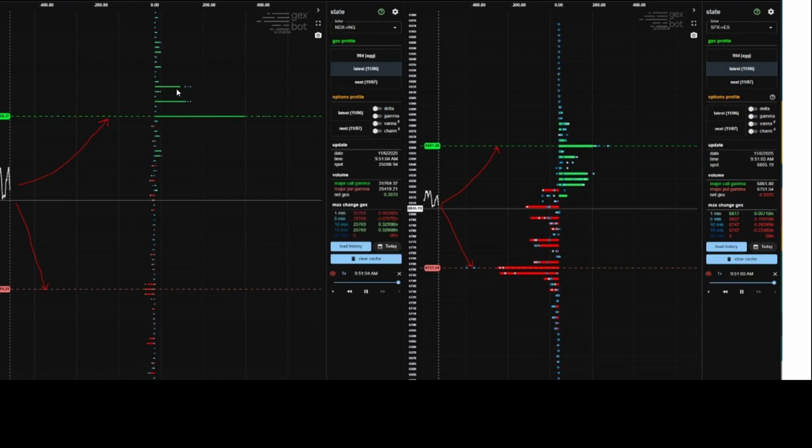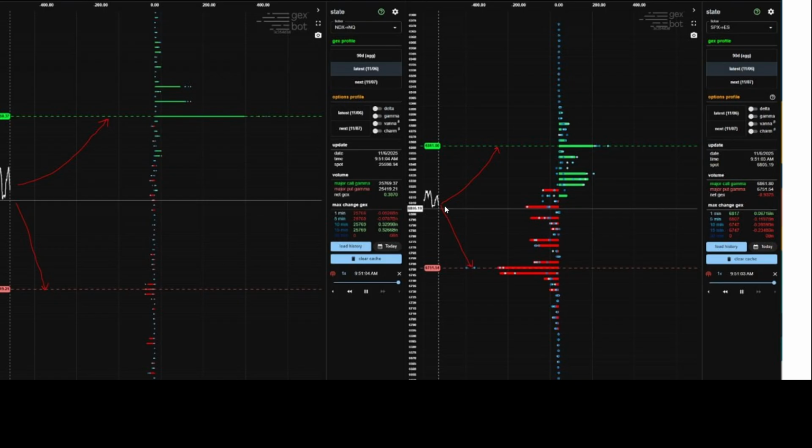This is real data, zero DTE data that you see every day when traders take position to take longs and close position in that zone.